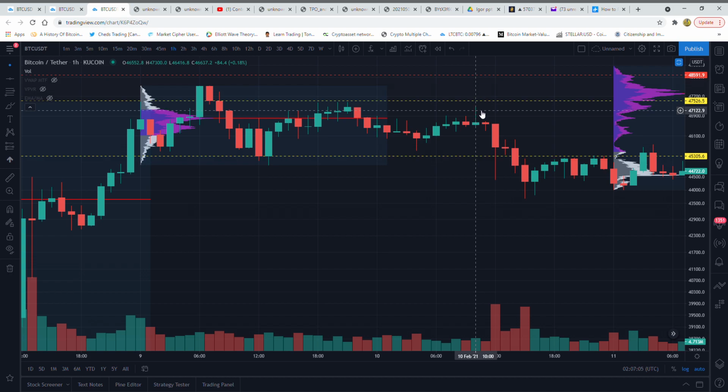Most of the people, they will expect more, probably you too. The price retraces. You look at the candle formation, pretty much self-explanatory if you know how to read the candles. There is a dragonfly doji indicating a reversal, okay?